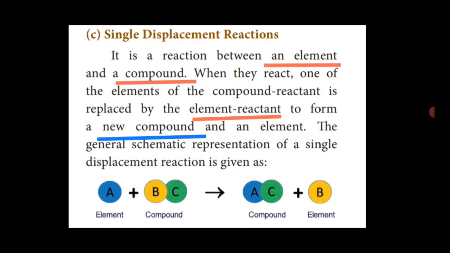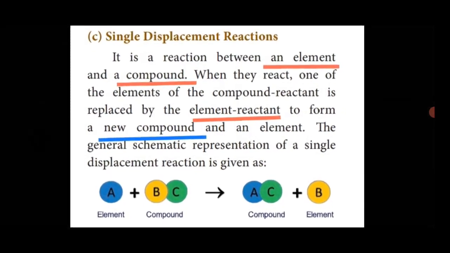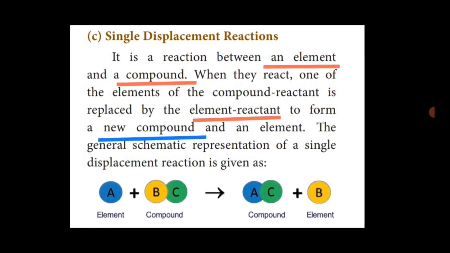So the reaction is between an element and a compound. The element A replaces B, so it gives AC, and B is released as an individual element.